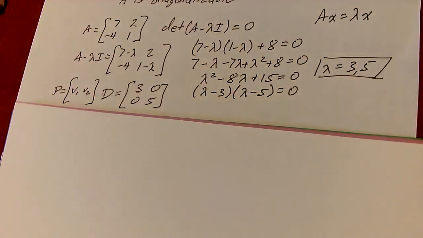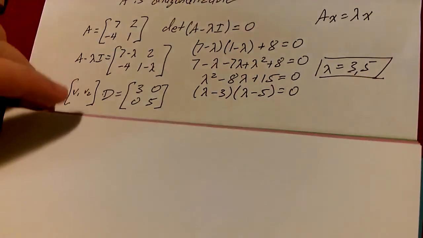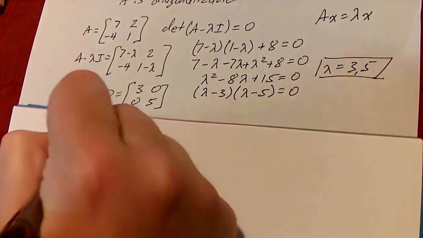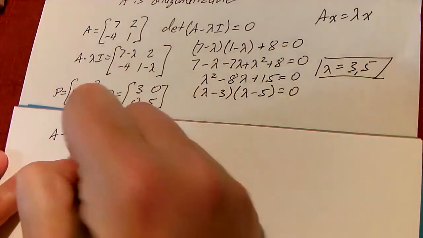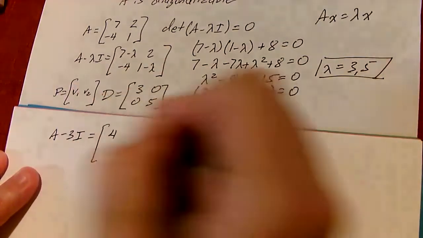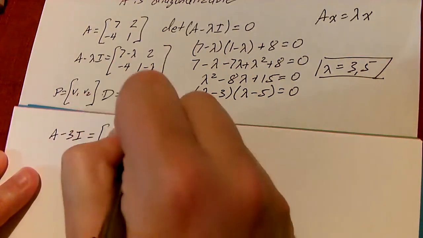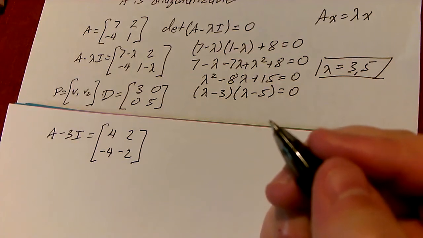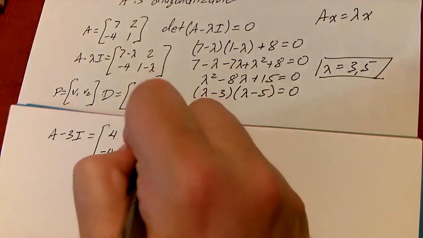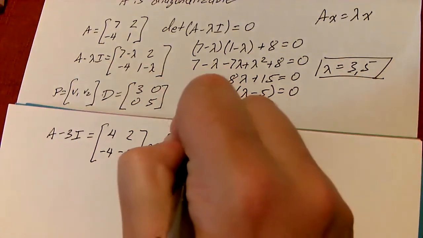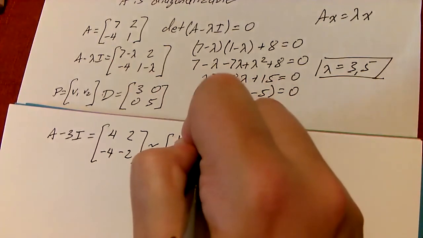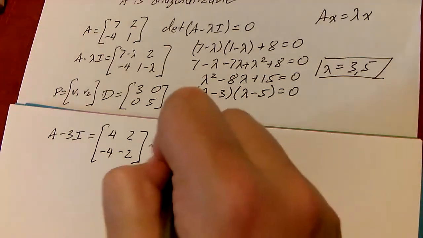Okay, so I've got my two eigenvalues, 3 and 5. So A minus 3I. We're going to subtract 3 on the diagonal. So I'm going to get 4 and -2 with 2 and -4. Which we can quickly row reduce to 1, 1/2, 0 and 0.